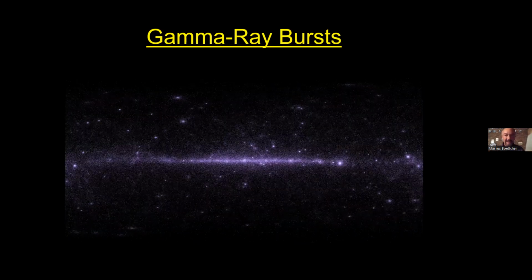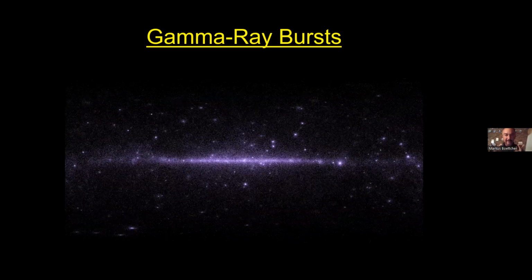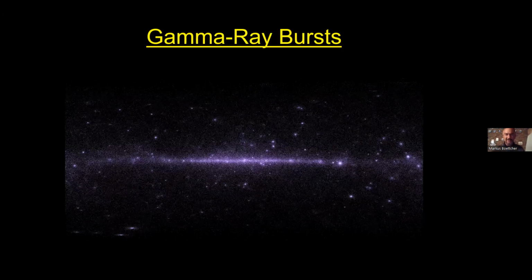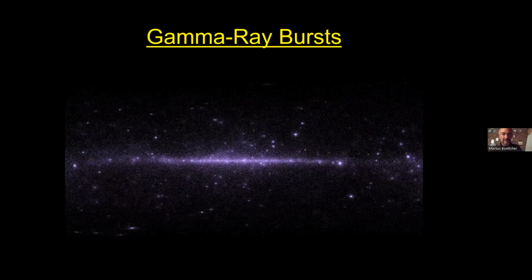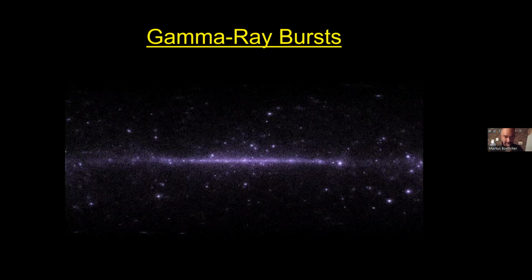In particular, these are gamma ray bursts, so really short flashes of gamma rays that show up for just seconds up to maybe minutes, 2 or 3, and then we never see anything again from them.